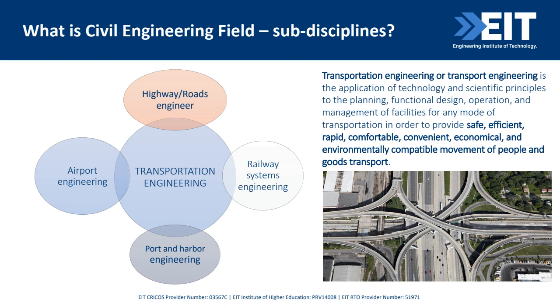That's what transport engineering does. It is done by careful planning, designing, and operating of all these transportation facilities, for any mode of transportation. It's all under the umbrella of civil engineering.